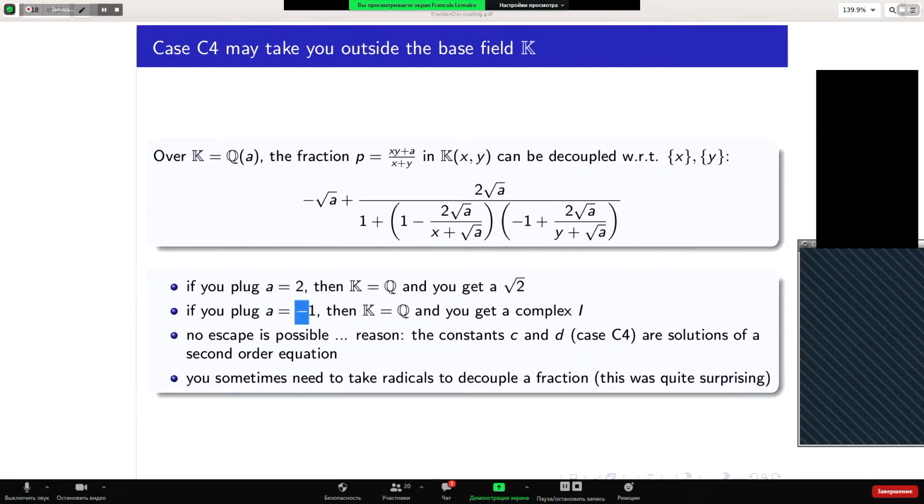You cannot avoid this because the constant c here is unique up to a small transformation, but you cannot escape the square root. So you sometimes need to take radicals to decouple a fraction, which was quite surprising for us.